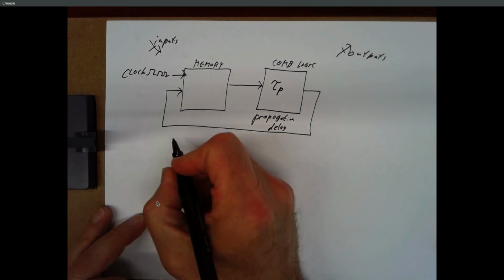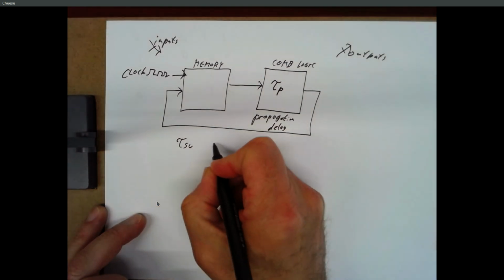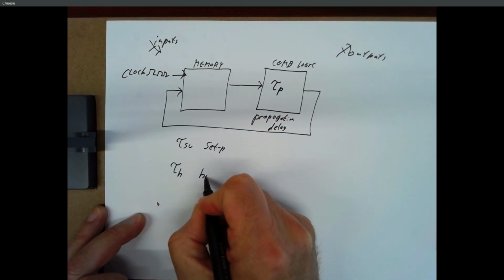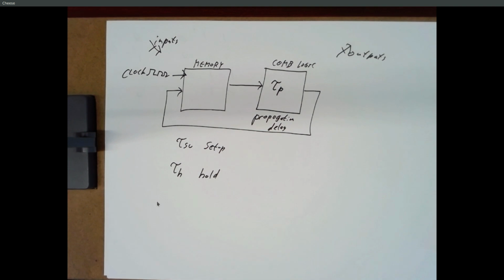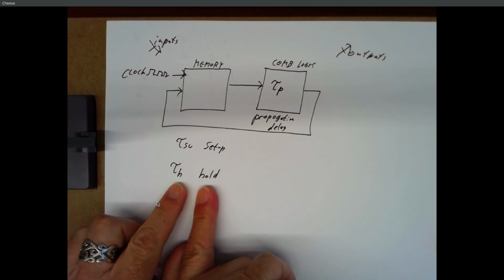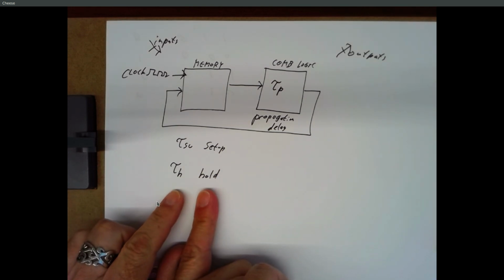With memory, remember there's a setup time and there's a hold time. Setup time is how long inputs need to be stable before the clock ticks. Hold time is how long the inputs need to be stable after the clock ticks. One of the realities is that hold time is usually a few nanoseconds, because flip-flops are pretty good devices.